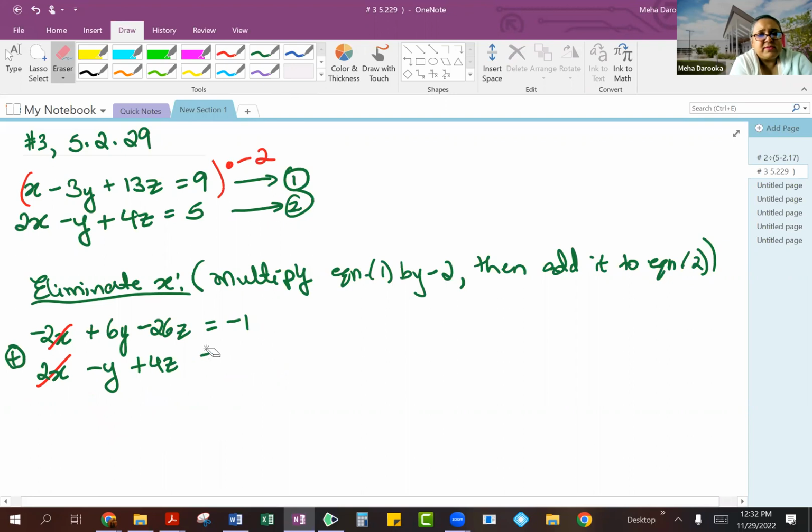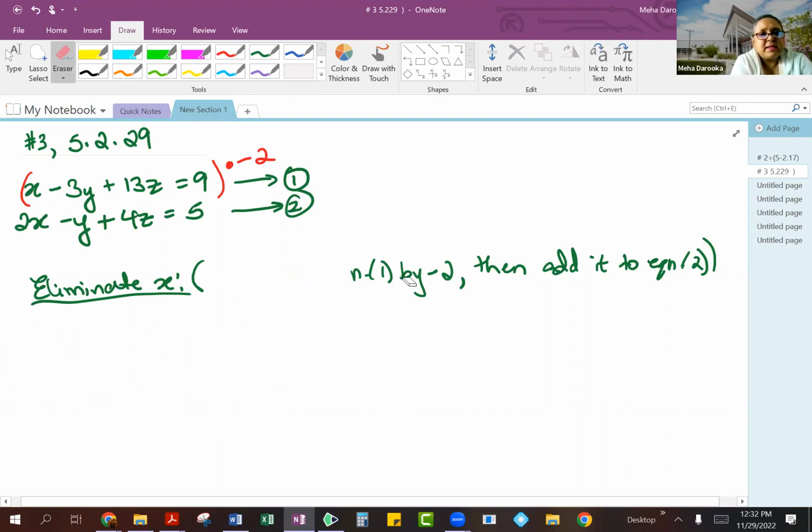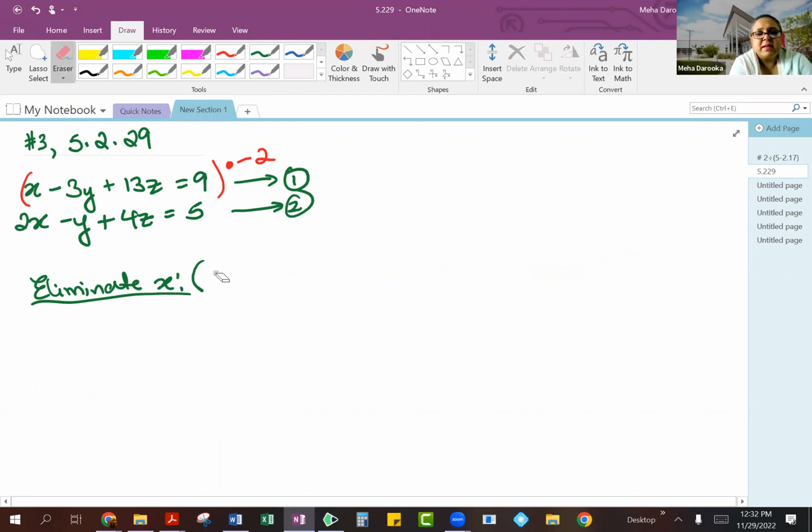So I'm actually going to erase this. Yeah, so you either want to pick y or z, since we want to keep the x in our answer. So you are suggesting y. So let's go ahead and eliminate y.